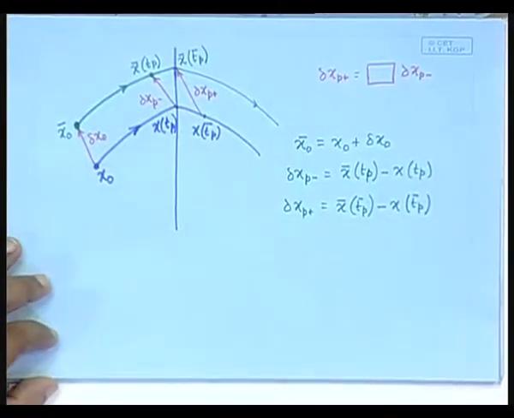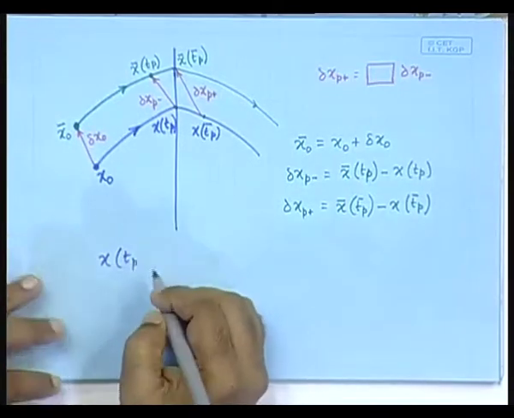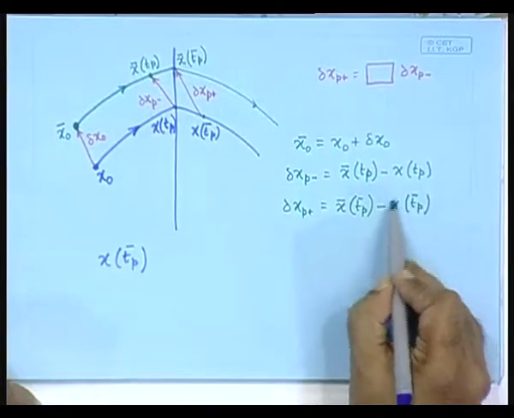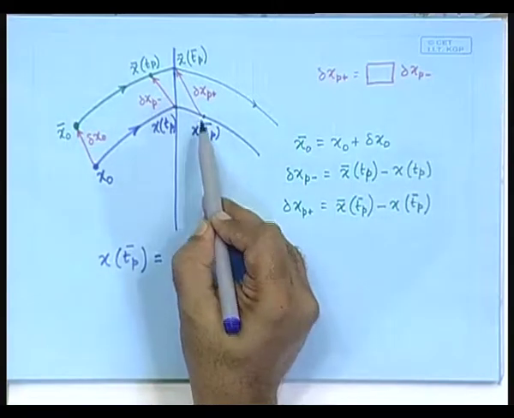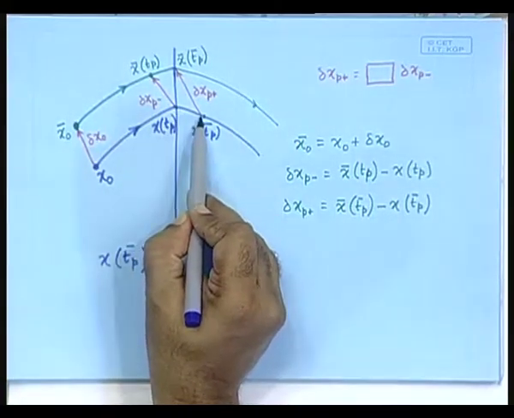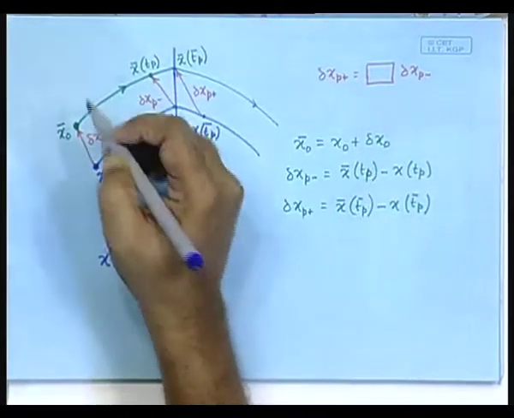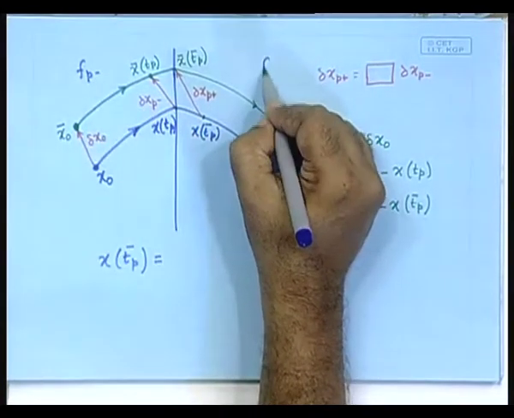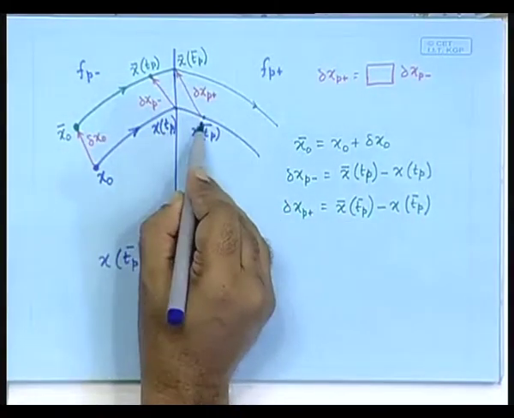Now, you see x T p bar is this one. So, x T p bar has evolved through this. If your vector field on the left hand side is f p minus and on the right hand side is f p plus, then it has evolved through the right hand side vector field.